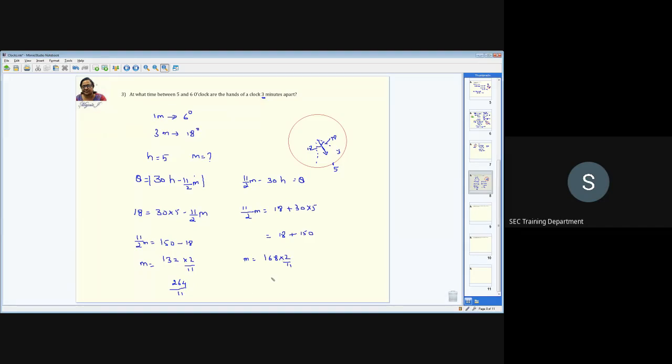How much is it? 2 times 22 goes, balance is 44, 44 will be 4 times. So exactly 24. So at 5:24, you're going to get the hands 3 minutes apart.